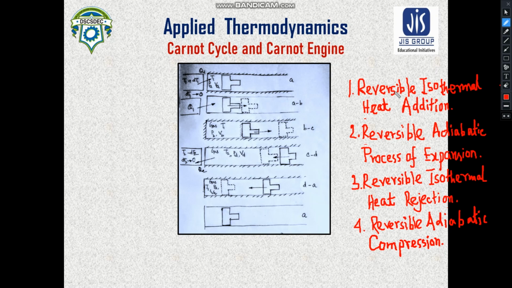Now how is it achievable? And another thing is that it is also reversible. From our understanding of the previous lecture, we know that we can only conceive a process as reversible if the temperature difference between the system and the surroundings is infinitely small.